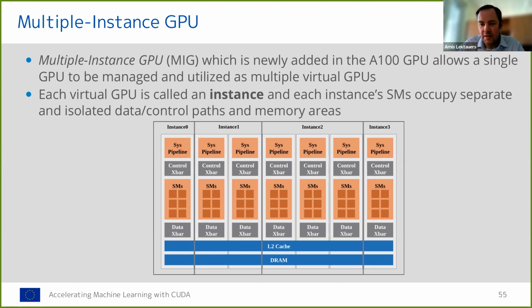So it is a very important thing for virtualized, containerized solutions, where each virtual GPU is called an instance, and each instance's streaming multiprocessors occupy separate and isolated data or control paths and memory areas.